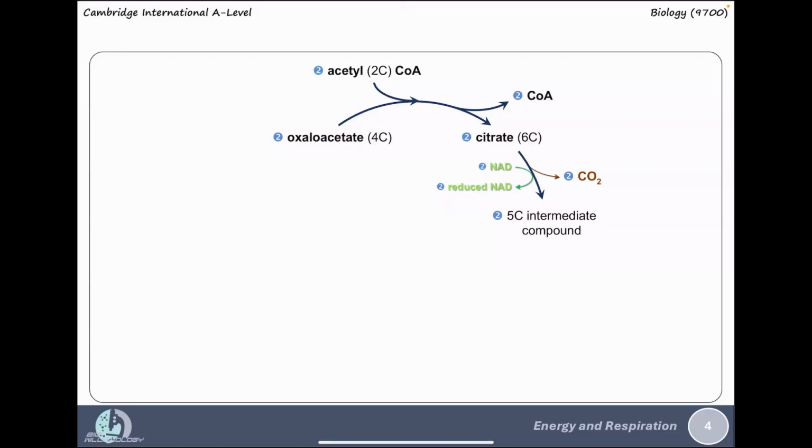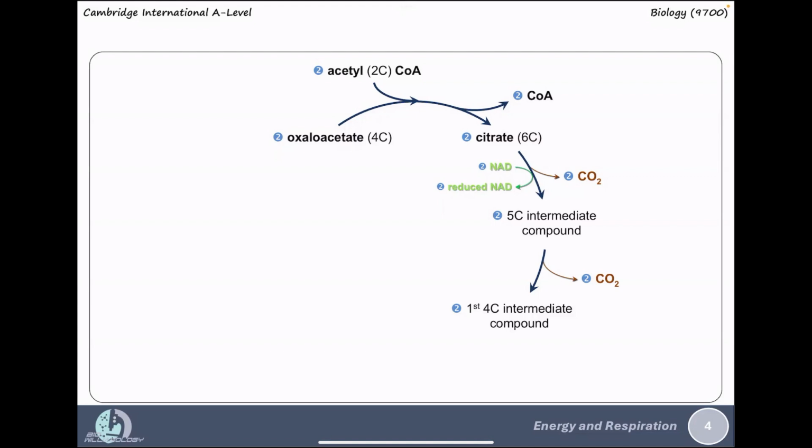The 5-carbon intermediate compound must undergo another round of decarboxylation, because the whole idea here is to regenerate oxaloacetate in a series of reactions. So the carbon atom is removed as carbon dioxide.